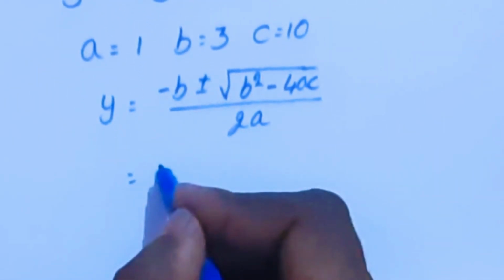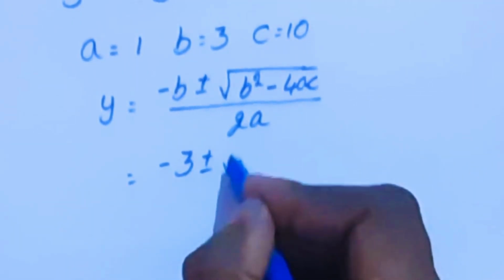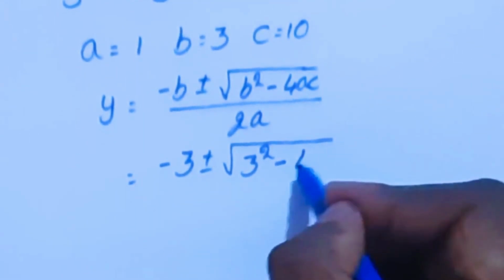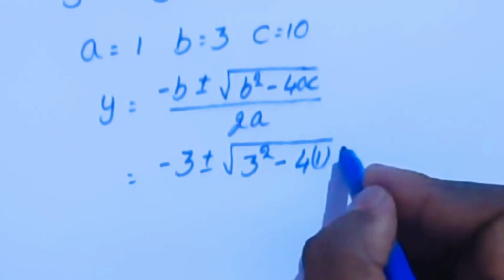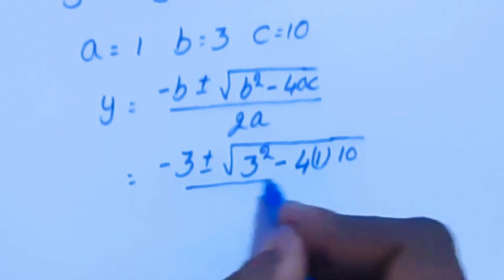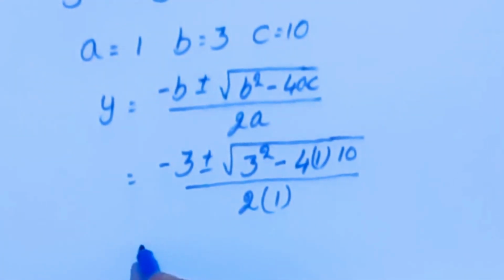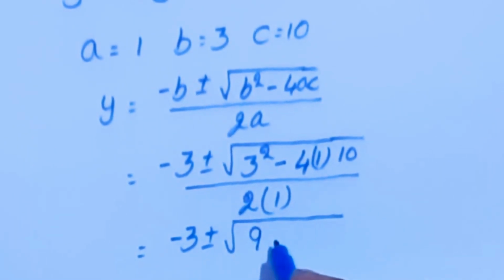Now minus 3 plus or minus square root of 3 square minus 4 times 1 times here 10 by 2 times 1. So minus 3 plus or minus, this 3 square is 9 minus this is 40, by 2.